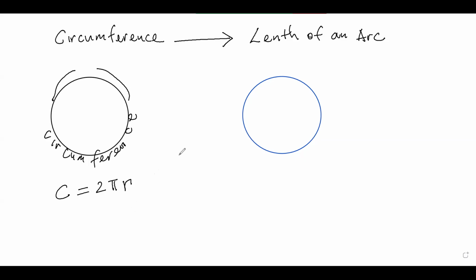But listen carefully, people, don't lose me. I am at the center of my circle. This is my center. Don't lose me at all. That's the center of my circle. And I'm going to draw a radius. I'm going to draw another radius.